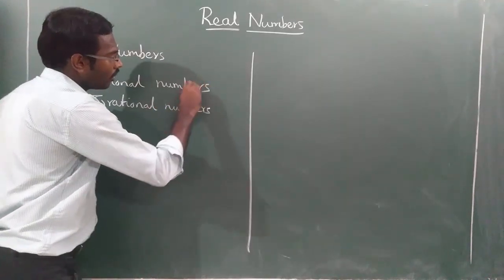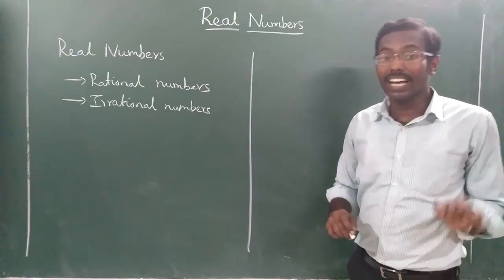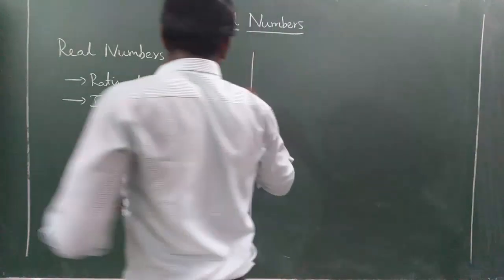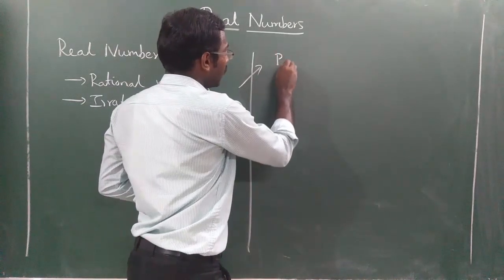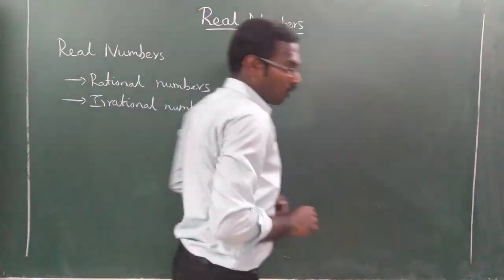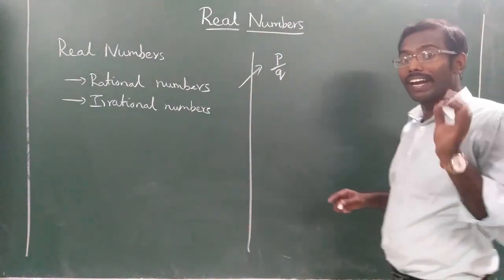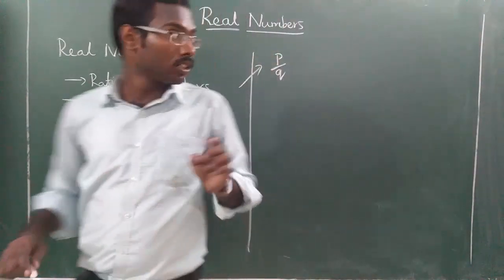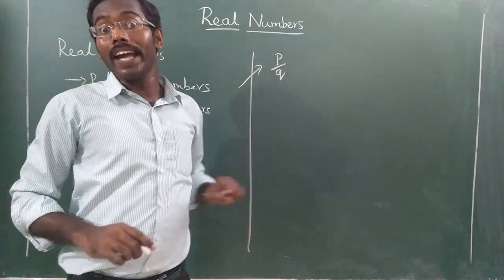You know very well what is a rational number and what is an irrational number. Rational number is a number which can be expressed in p by q form. You know it, isn't it? So p and q do not have any common factor. Okay. So rational number is a number which can be expressed in the form p by q.